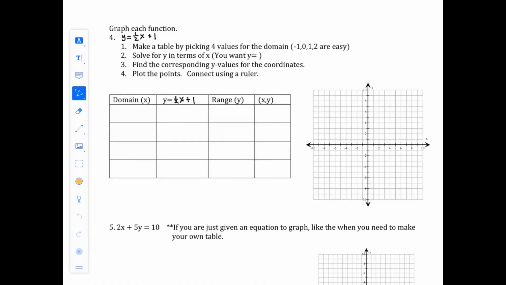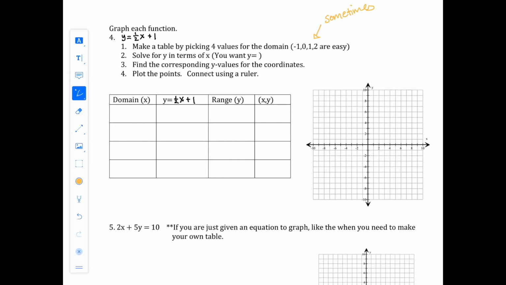So we will eventually start graphing all of the equation and not just a select order pair. So let's go through the steps that we'll take. In this example 4, we're going to graph y equals 1/2 x plus 1. So the first step is find some values that are easy to plug in. I specifically chose this equation because sometimes those values are easy.